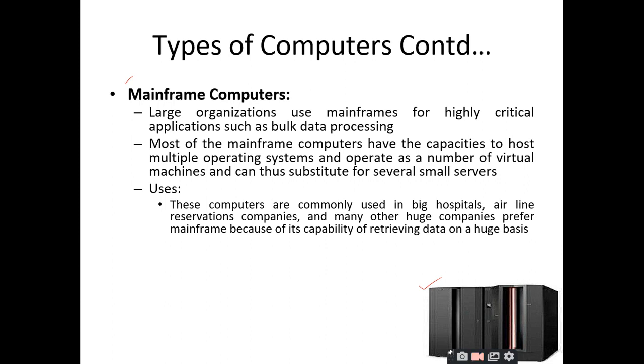As I told, since they are capable of holding or generating the outputs within no time, they are used for applications which require highly intensive calculations, and whenever you require bulk data processing, these type of mainframe computers are used, and this is being used by large companies, right. For example, you have Apollo Pharmacy.